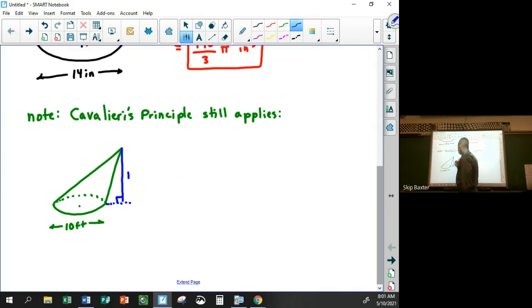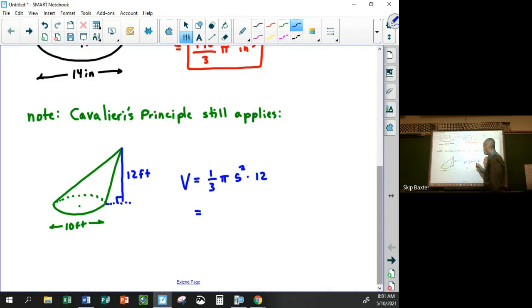Suppose this distance was 12 feet. The formula would still be the same. The volume would still be 1/3 pi r squared, which is 5 squared, times the perpendicular height, 12. 1/3 of 12 is 4, 4 times 25 is 100. So this would be 100 pi cubic feet.